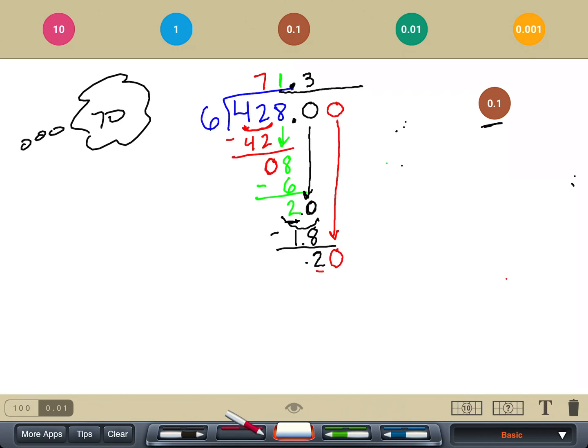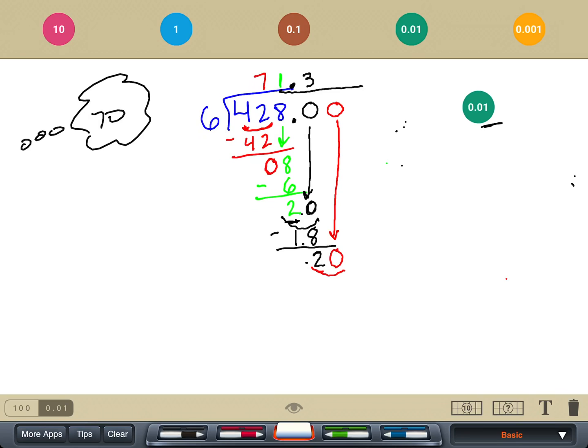Now, instead of calling that 2 tenths, I'm going to actually call this guy 20 hundredths. Okay, that's fine. 20 hundredths divided into 6 groups. Well, I've basically done that problem. But now instead of tenths, I've got 20 of these, 20 hundredths.